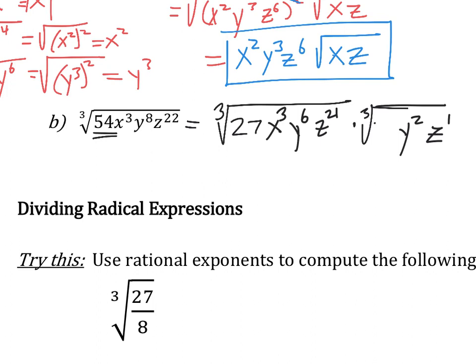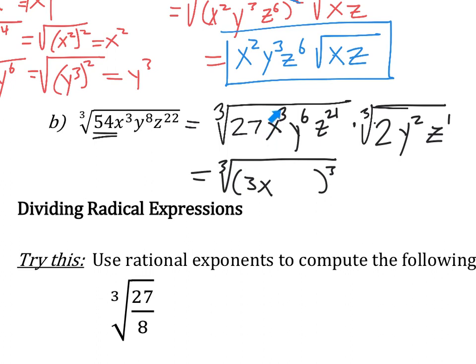Pen ran out of ink here. There we go. All right, so I'm thinking we can clean up this stuff here because this is 3 to the 3rd. So I'm going to rewrite this as something to the 3rd power. This is x to the 3rd power. 3 to the 3rd power is 27.